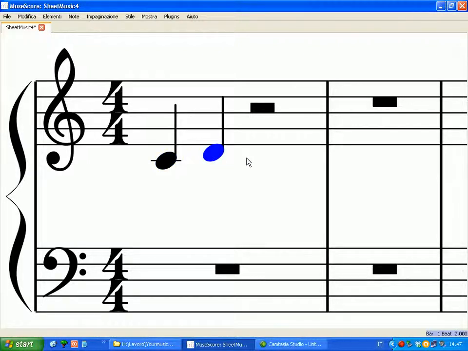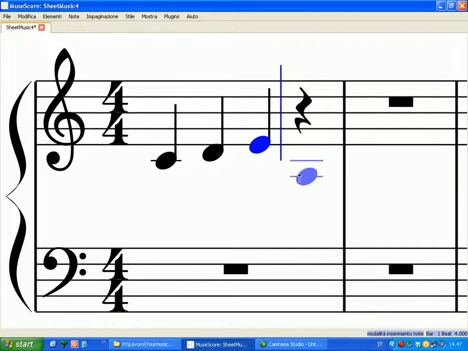Then of course I have to move from down in this way, moving higher in this sense. I have to move up to the E note, and I write it on the first line.